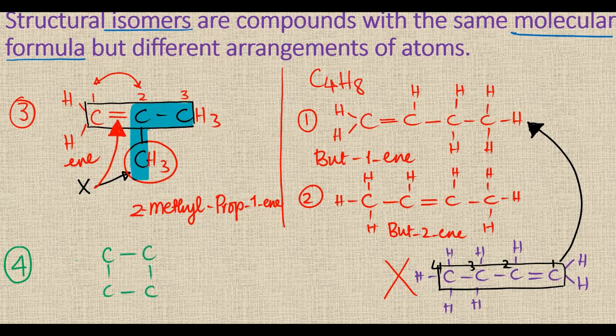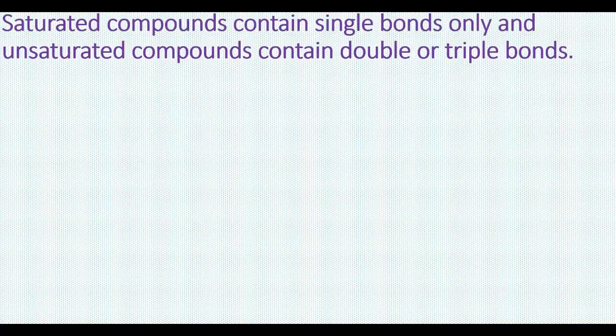IB clearly suggests in the syllabus that isomers should only be discussed for the straight chain compounds and not the cyclic ones. But if you look at this setup, this also has the same molecular formula C4H8, but remember, this is not an alkene, this is a cyclobutane.